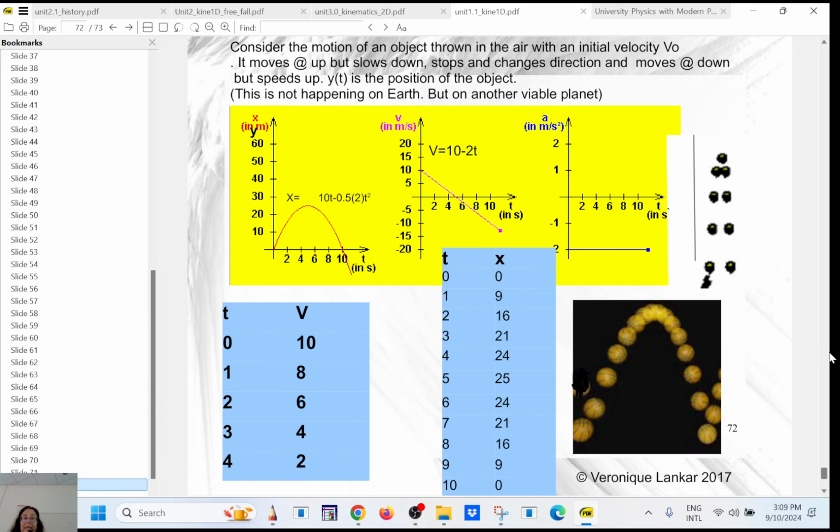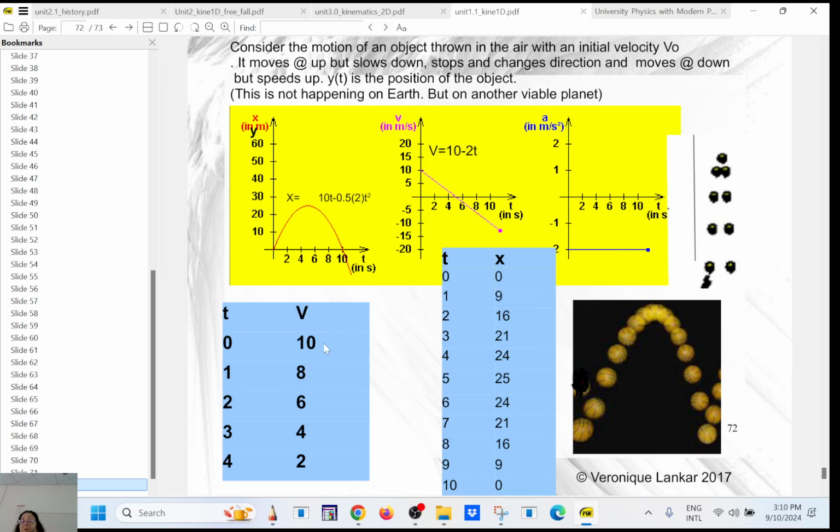So this is happening here. When you throw something in the air, the speed is gonna decrease, stop, and then increase again. But the acceleration is always down. Let's do that together. Look, it's not hard.